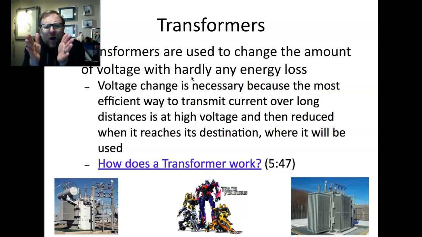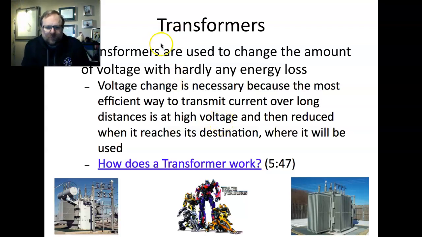Why I care to talk about transformers is because they tie motors into generators and allow us to see how movement or motion or mechanical energy can be used to generate electricity, and how we can take even just small bits of electricity and amplify the voltage so that we can transmit it over a large distance.